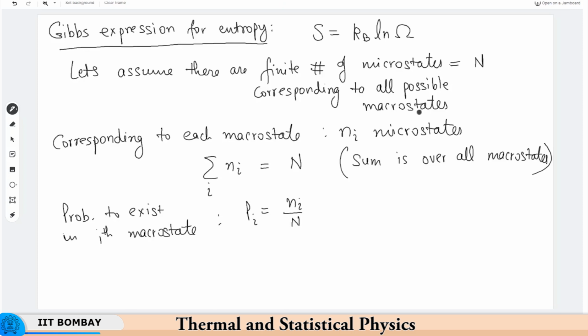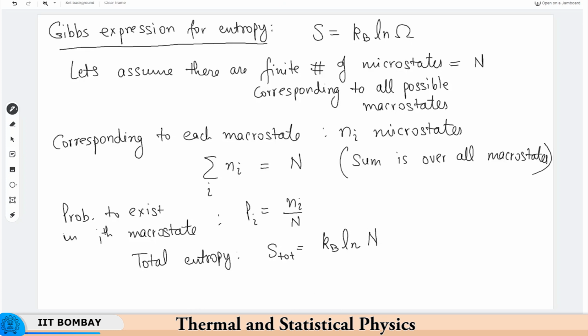And from this Gibbs expression for entropy, we know the total entropy of this system, considering all the possible microstates, is as follows. So, total entropy, which is S total, is Kb times log of n.